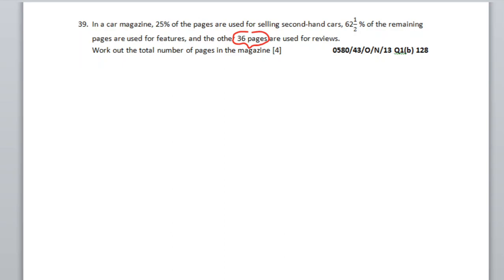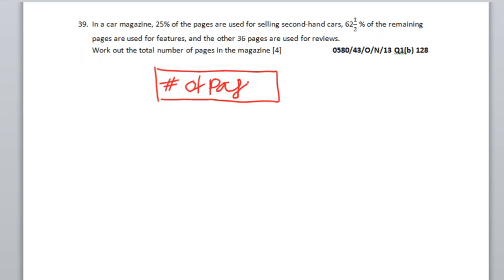From this 36, we have to build back to the original number of pages. Let's see how we can break this question down.